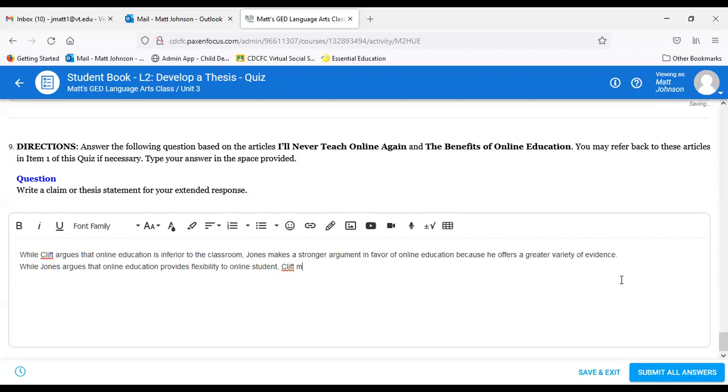Cliff makes a stronger argument based on her personal experience teaching online. Okay. While Jones argues that online education provides flexibility to online students, Cliff makes a stronger argument based on her personal experience teaching online.